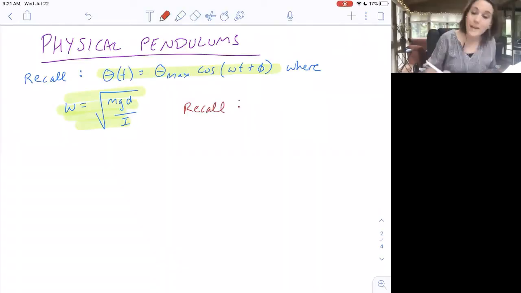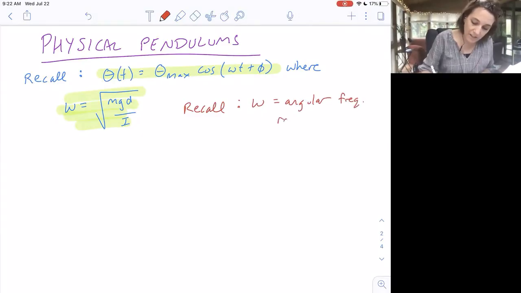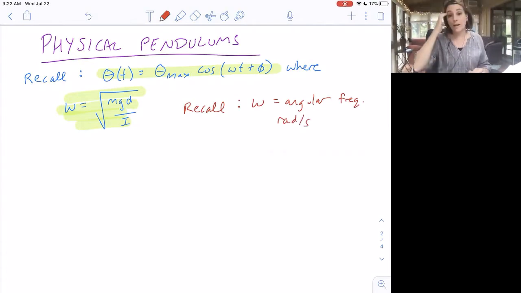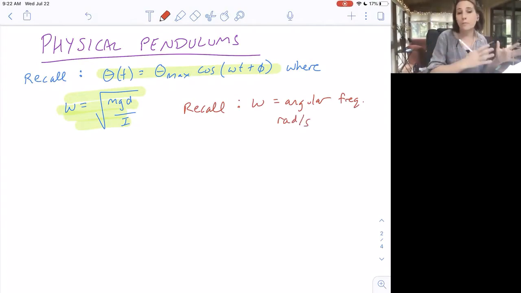if you find omega, which is what we call the angular frequency, its units are going to be radians per second. The stuff from simple harmonic motion also applies to this model of a pendulum at small angles, right?